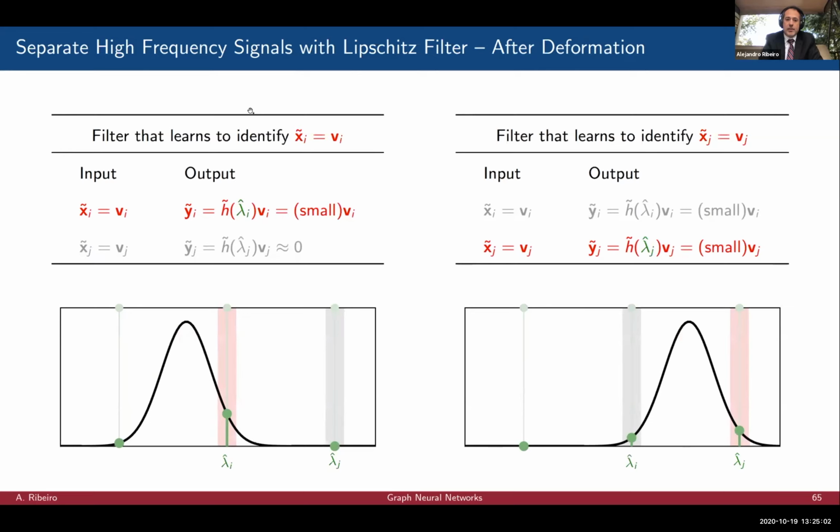Well, the filter that you beautifully learned to discriminate the eigenvector vi is now capturing a very small amount of energy. And the filter that you had beautifully trained to capture feature vj is now capturing very little energy because of the deformation.